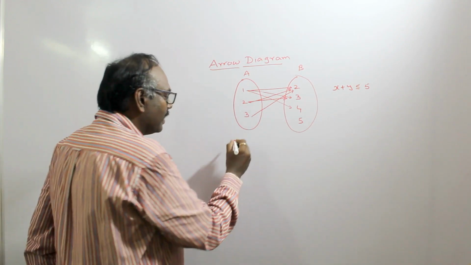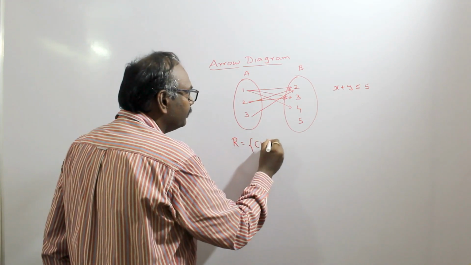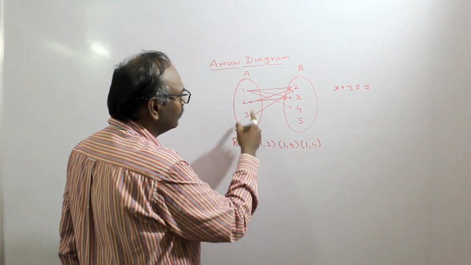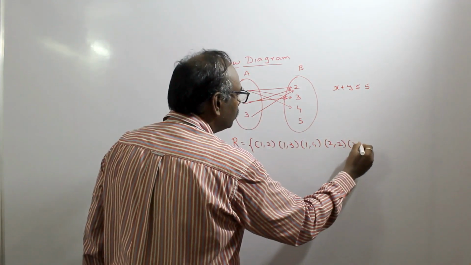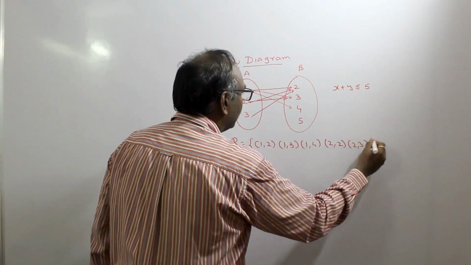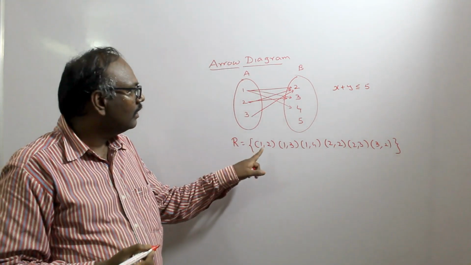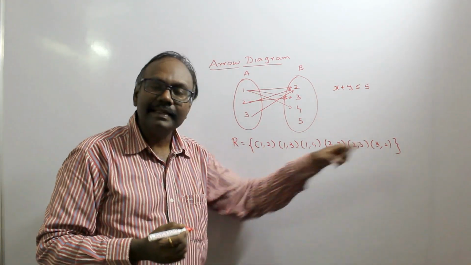So once you have seen the relation given as (1, 2), (1, 3), (1, 4), then similarly (2, 2), (2, 3) and (3, 2). So we have seen the relation contains these ordered pairs (1, 2), (1, 3), (1, 4), (2, 2), (2, 3) and (3, 2).